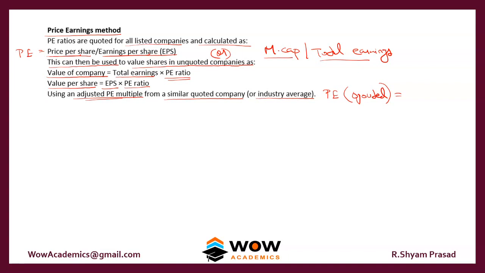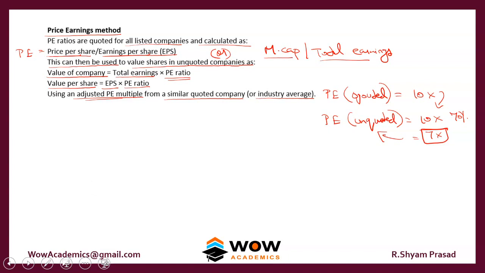If the PE multiple of a quoted company is something like 10, we can't use that for an unquoted company. We take this 10, but we apply an adjustment of something like 80% or 70%. So we can take 7x or 7 PE for the valuation of an unquoted company. So that's how it works. It's very simple in terms of working out the problem.